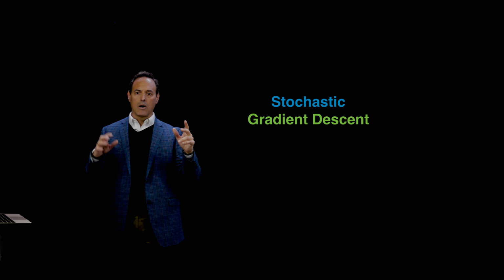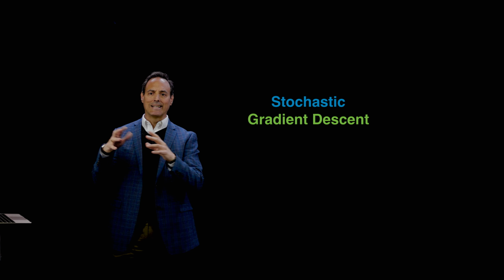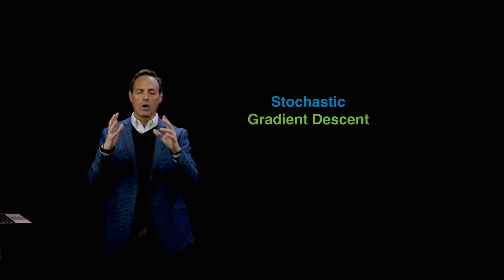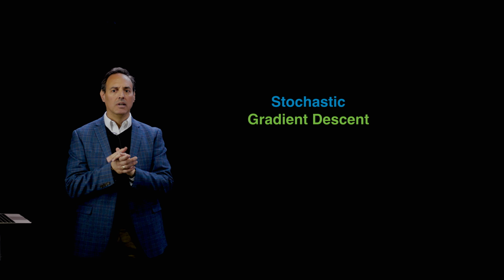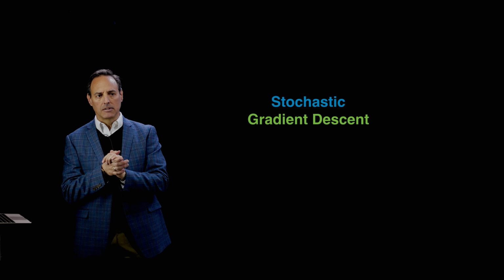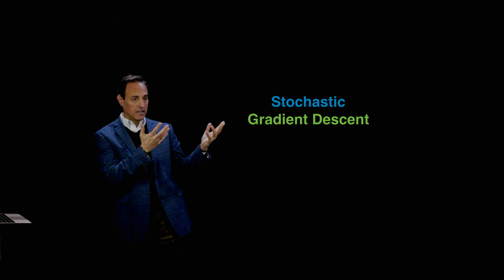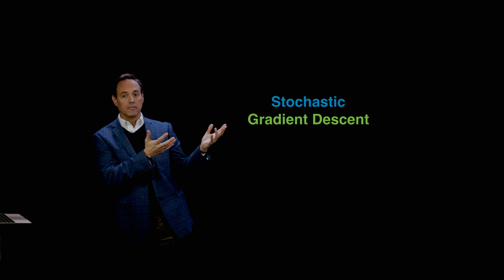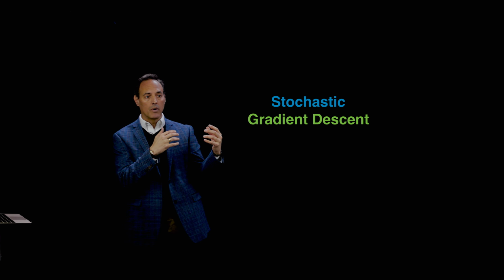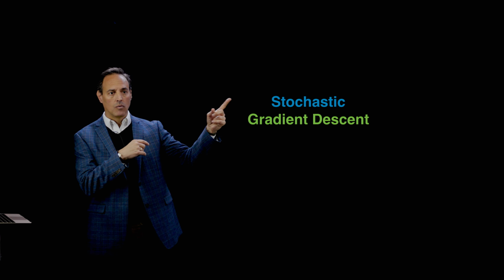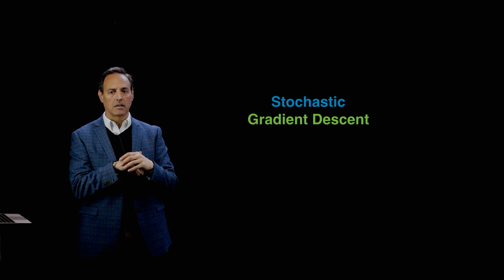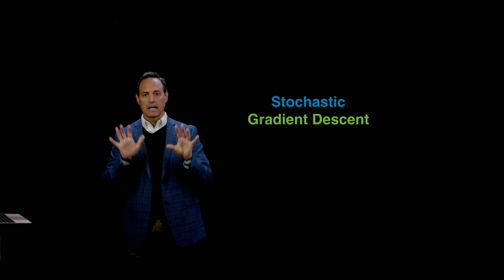I want to talk about how stochastic gradient descent is connected to gradient descent, and then walk through a little MATLAB code to show you its implementation in practice. Okay, so as the name sounds, it's a version of gradient descent, and the part that we want to really understand is, what does it mean to have a stochastic component? So first, let's back up and let's talk about gradient descent.